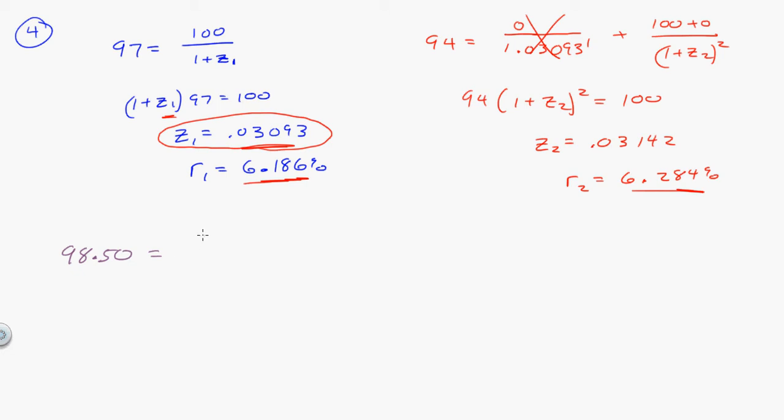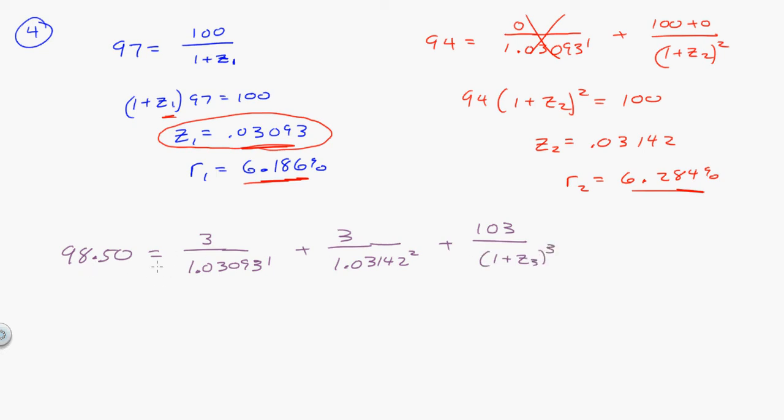Its future cash flows are $3 because it's 6% coupon, pays semi-annually. 6% of 100 is 6, divided by 2, that's 3. So divide by 1.03093 to the first plus $3 over 1.03142 squared plus 103 over 1 plus Z3 cubed.